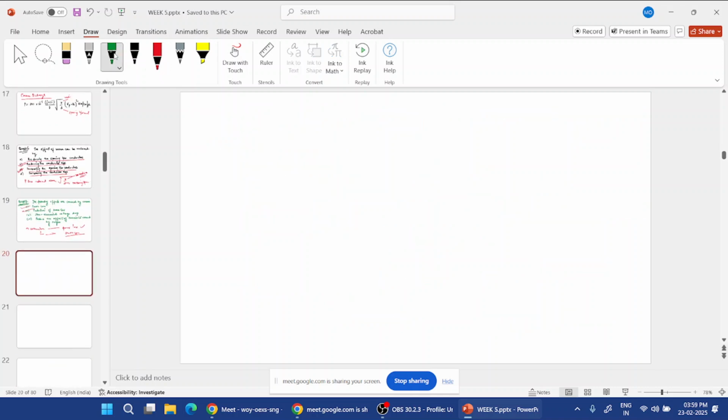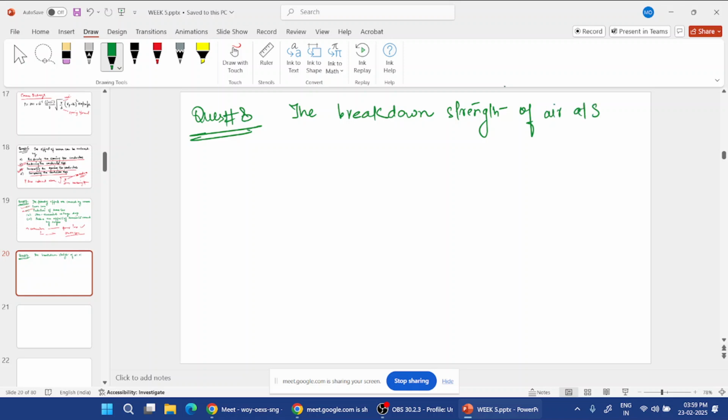Okay. So now question number 8. The breakdown, it is a numerical. You have to give me the answer of this. Breakdown strength of air at STP is 3 kV peak per mm. Okay.